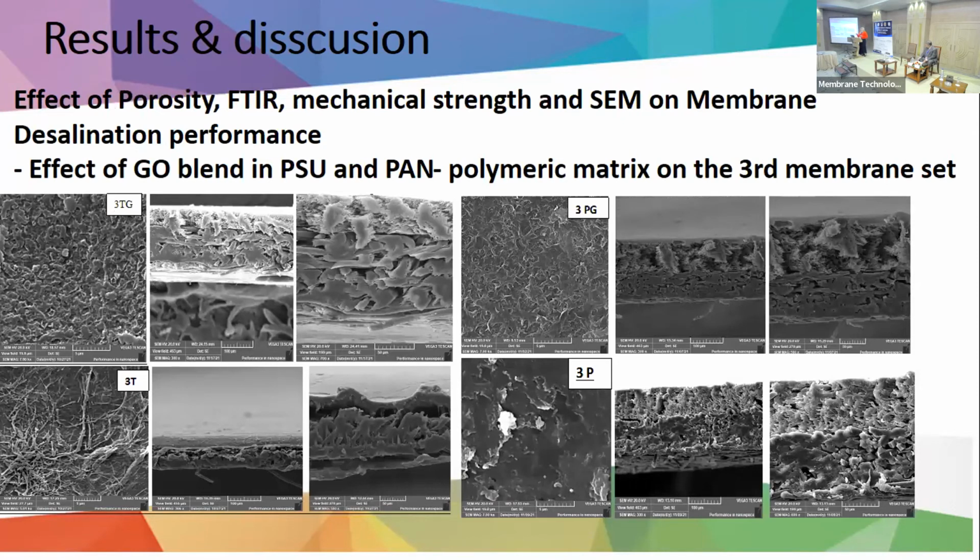Yes, this one, which is the third blend matrix for these membranes, contains graphene in the structure, the presence of graphene in the blend mixture of these membranes. In this way you can see here the 3T, the structure of the top surface shows some structure from the presence of graphene in the membrane, but the thin film composite is free of graphene.